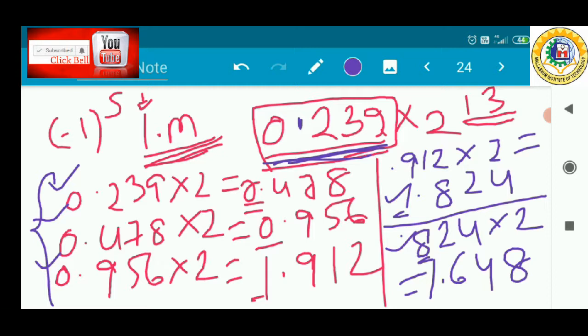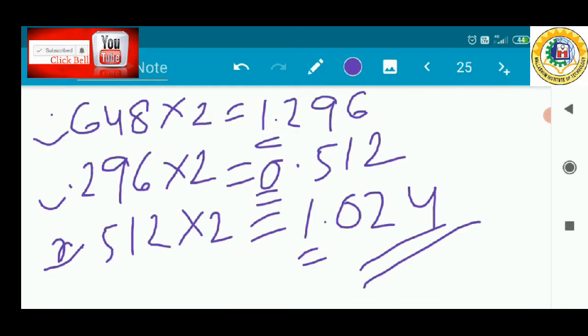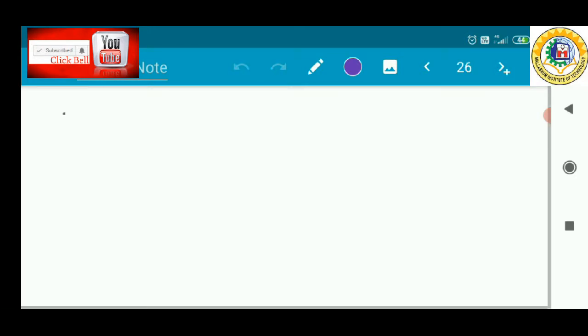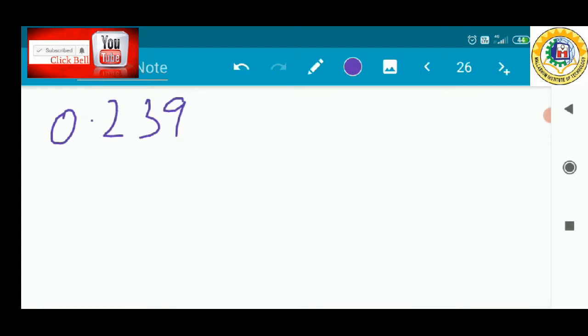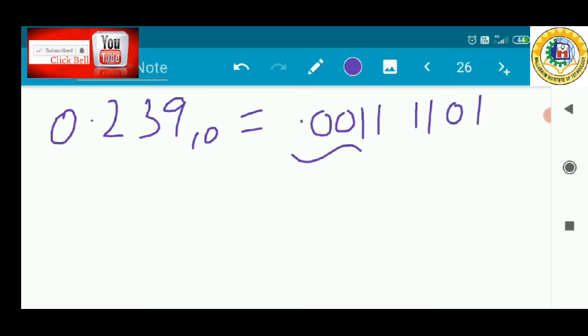The number is 0 0 1 1, 0 0 1 1, next 1 1 0 1 1 1 0 1. So 0.239 in decimal, when converted to binary, becomes 0.00111101, and we consider up to 8 bits.